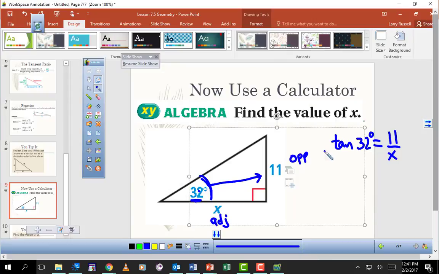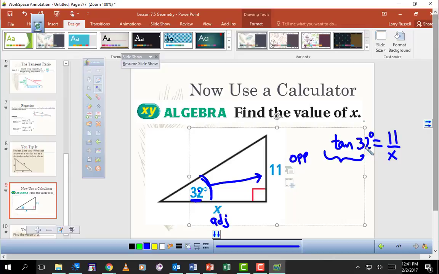Now, this you can put into your calculator. And you'll notice on your calculator, you'll have a button that says TAN. Does that make sense? You guys see there's a button right in the middle of your calculator. It says TAN. What you want to do is hit the tangent button and then hit the 32 degrees, and then hit enter.